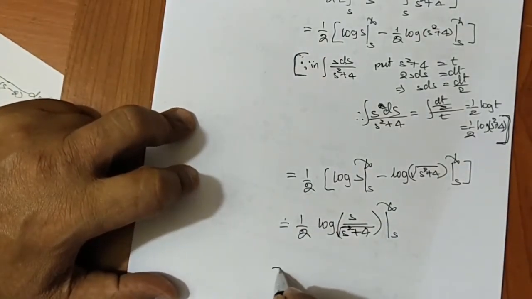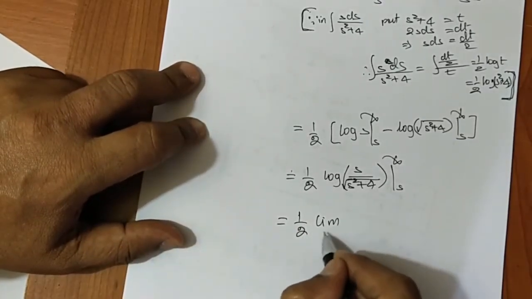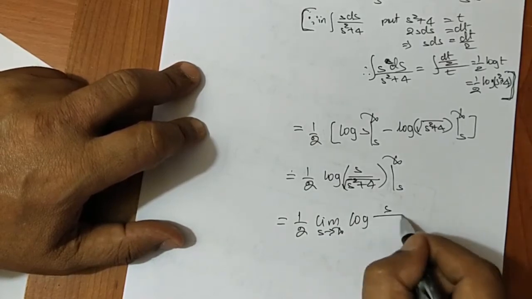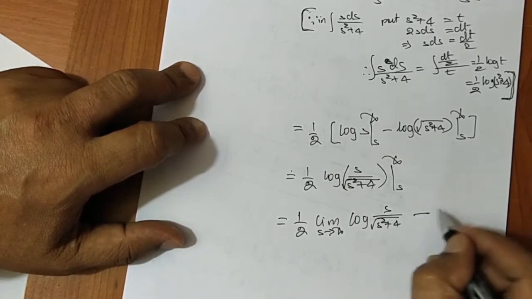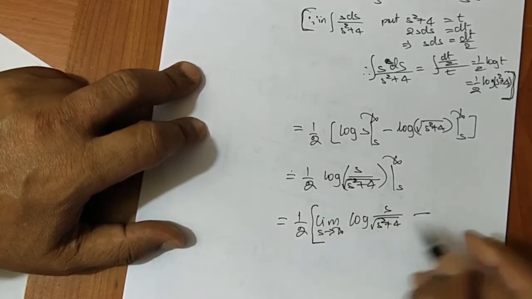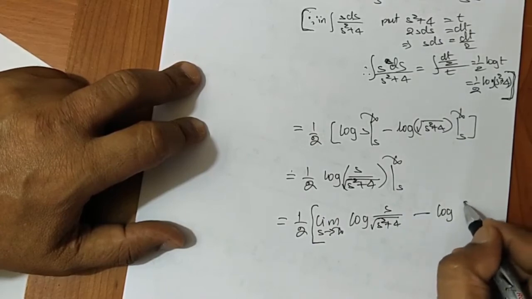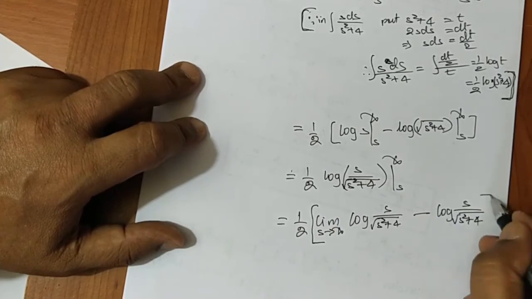So this will be equal to half of limit as s tending to infinity of log of s over square root of s squared plus 4, minus, putting the lower limit s equal to s, log of s over square root of s squared plus 4.